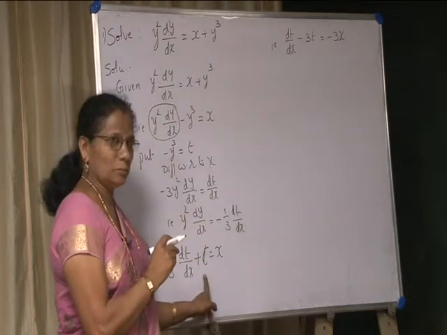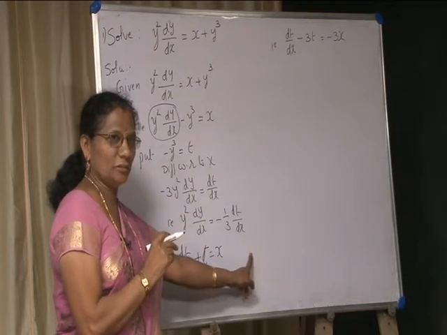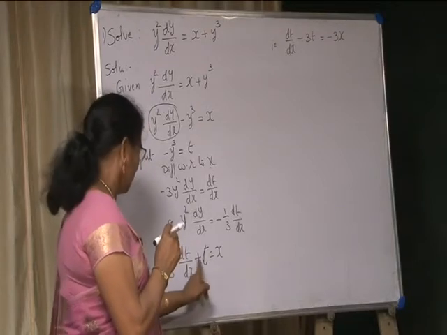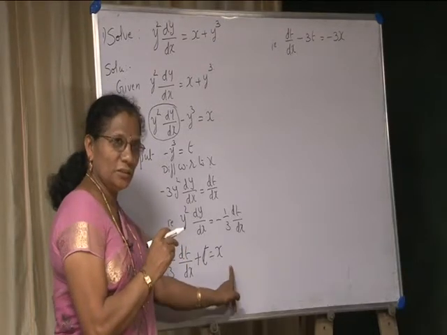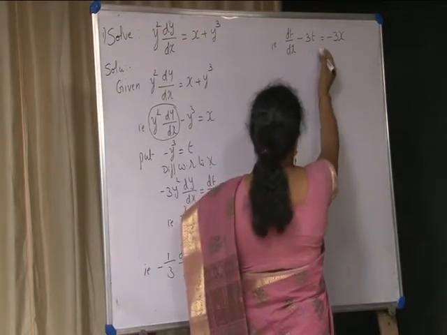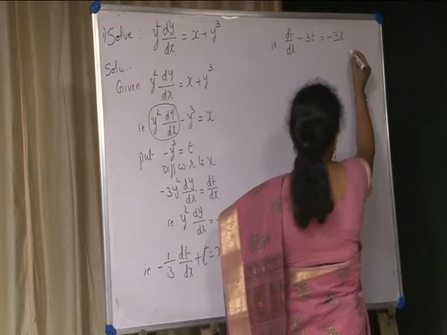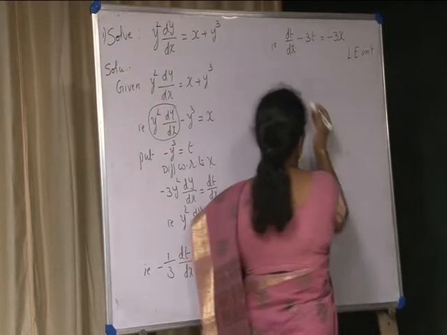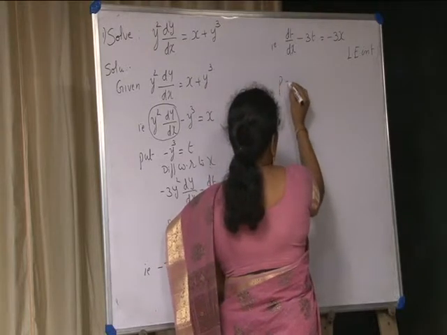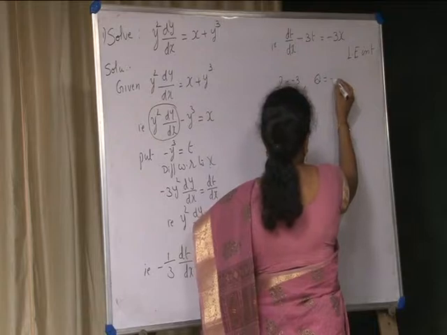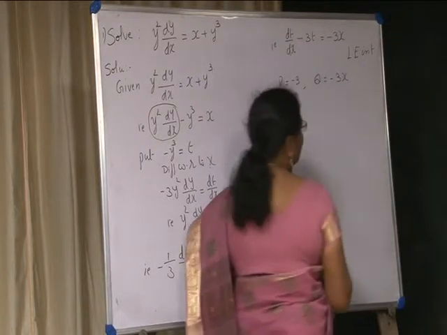Take LCM and cross multiplication, multiplied by the minus sign: minus into minus is plus, plus into minus is minus. So now this is a linear equation in t. P is equal to minus 3, q is equal to minus 3x.